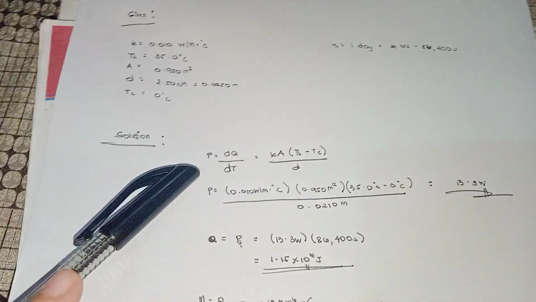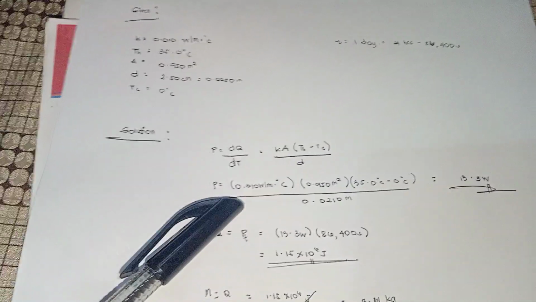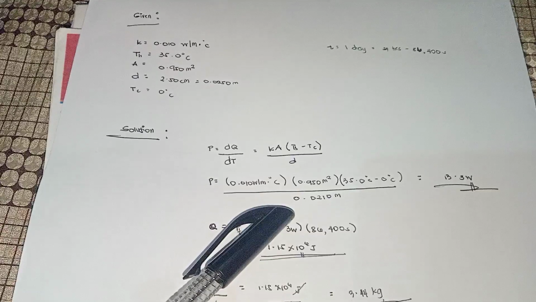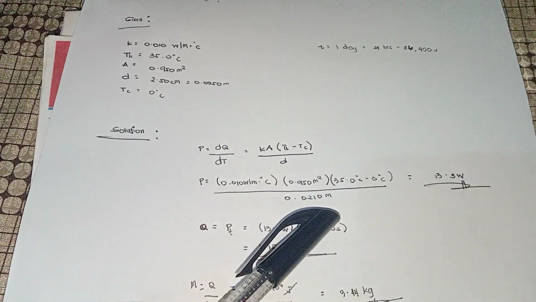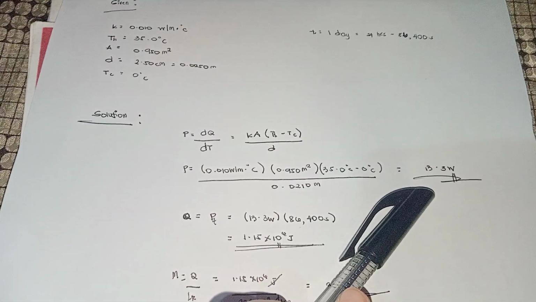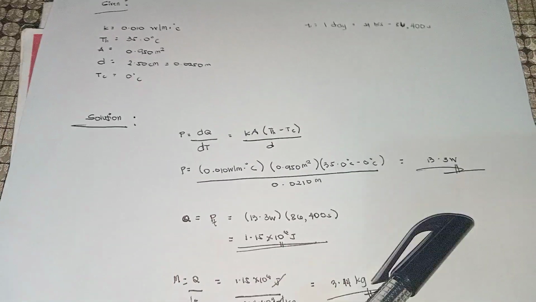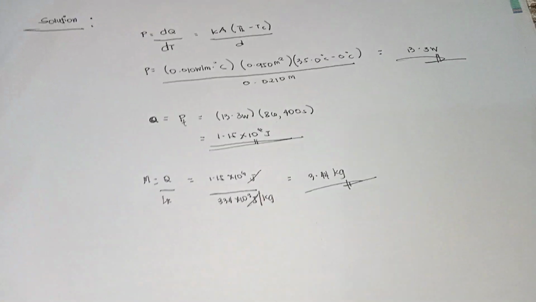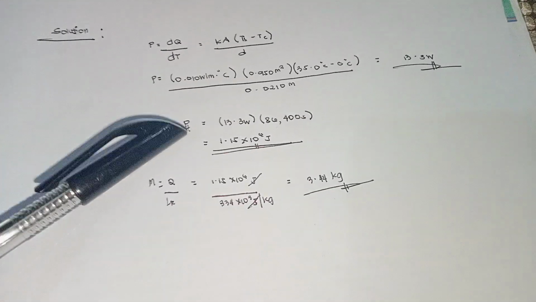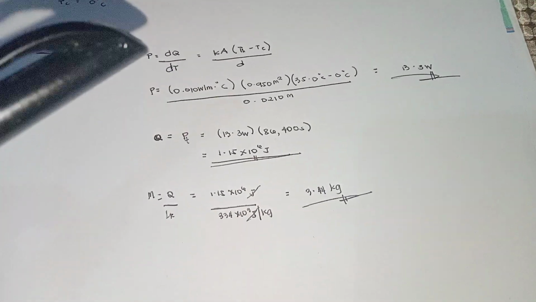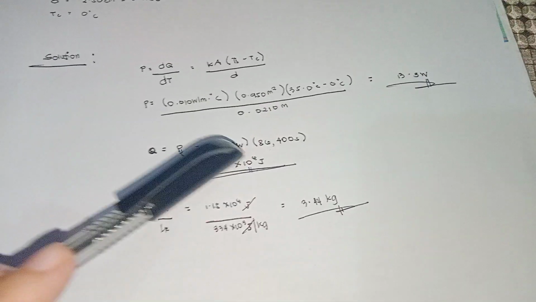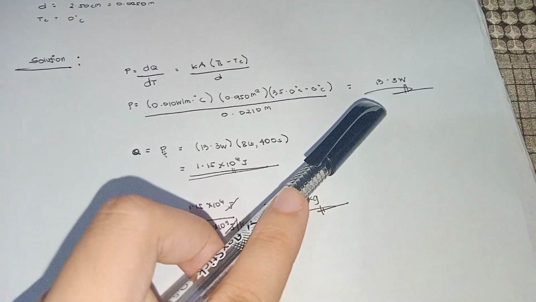So, we multiply and divide over 0.0250 meter. So, we arrive at an answer of 13.3 W. And for Q, which equals P times t, equals 13.3 W. This is the answer we arrived at.